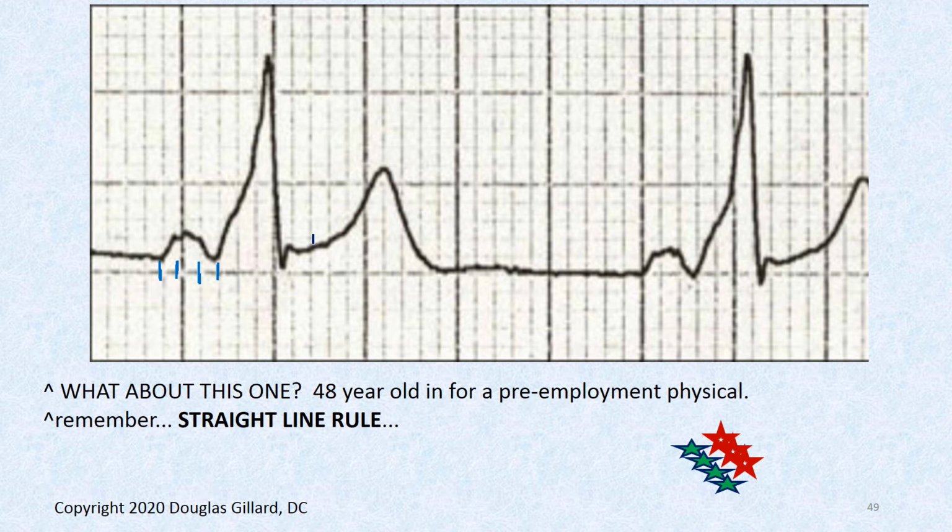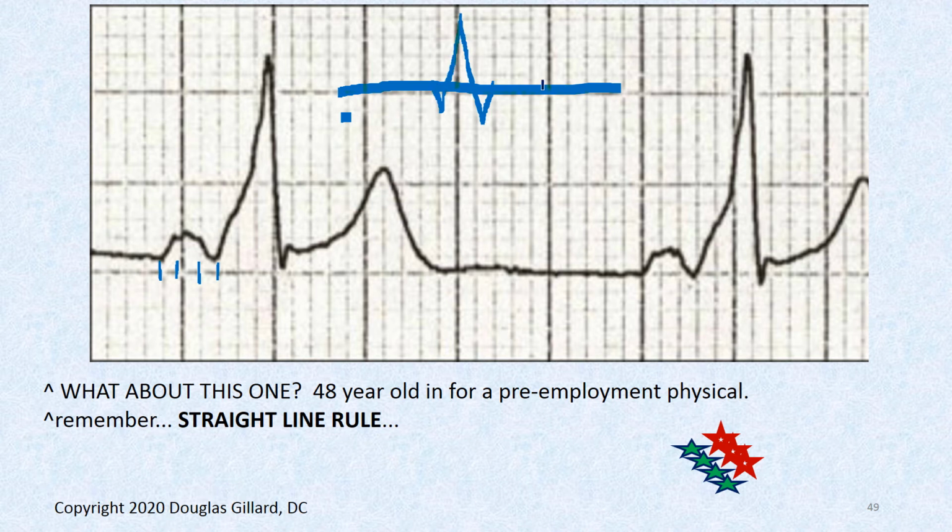In fact, you can see what's happened here. Remember, did Dr. Doe teach you the straight edge rule? When you have a QRS complex, here's the isoelectric line right here. A QRS complex has to be built with straight lines. There's the Q, here's the R, and there's the S wave. That's terrible, but they're all straight lines.